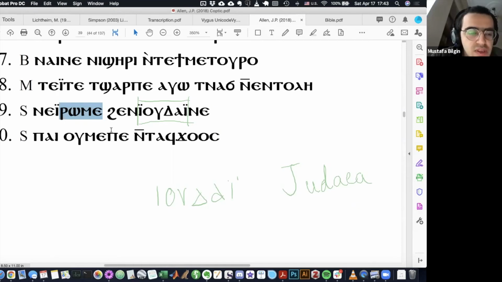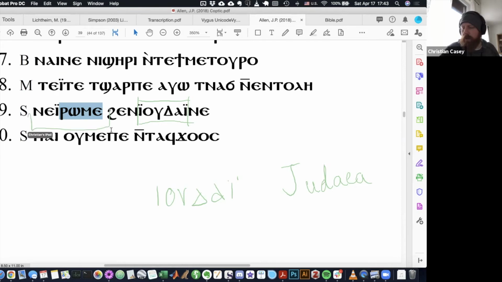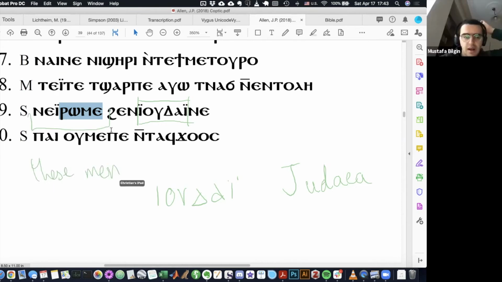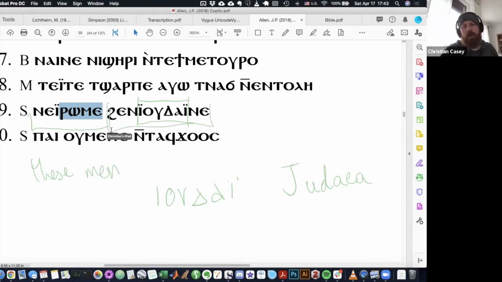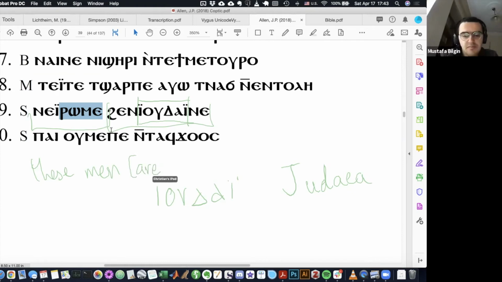Some Judean men. Actually, that's it, as I understand. It's a sentence, so this part is these men, right? And then I suppose... I misunderstood.